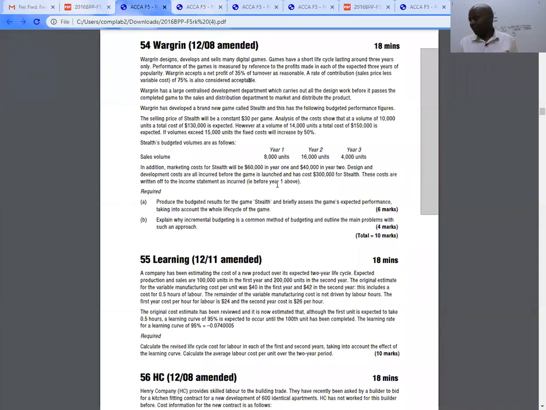These costs are written off to the income statement as incurred, i.e. before year 1. So they want us to produce the budgeted result for the game Stealth and briefly assess the expected performance, taking into account the whole life cycle of the game.